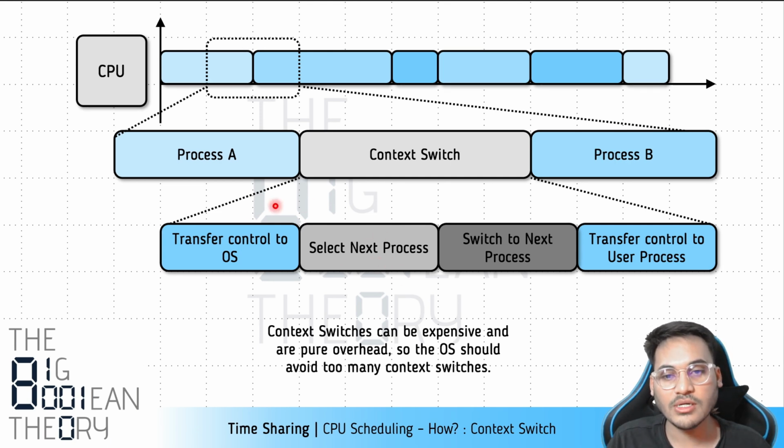But apart from this, we talked in detail about how you transfer the control using the cooperative and non-cooperative approaches, how you switch the registers, how you actually switch the process, and how you transfer the control back to the user process, right? All of these together make up the context switch, and now we know the mechanism which makes it possible to switch from one process to another in a computer system.